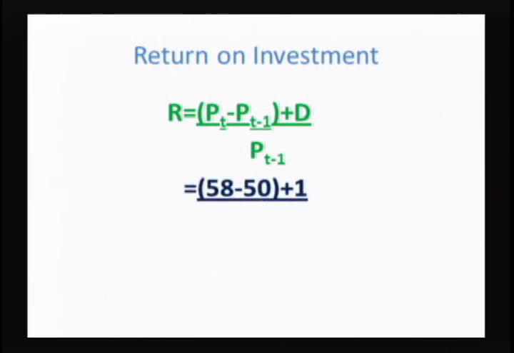So in this example, we bought our stock at $50, sold it for $58 plus the $1 in dividends, divided by the $50 that we paid for it, gives us 0.18 or 18%. So if you have a stock, you paid $50 for it, take a look at your $1 dividend plus the price increase, and you then can calculate the return on your investment.